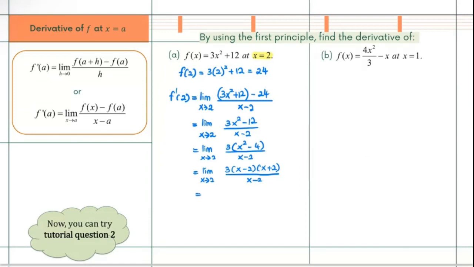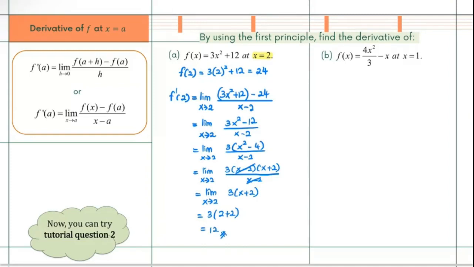Okay, so x minus 2 over x minus 2 will be 1. So tinggallah 3 of x plus 2 sahaja. So substitute the value 3 times by 2 plus 2. So I get 12. So this will be our answer.